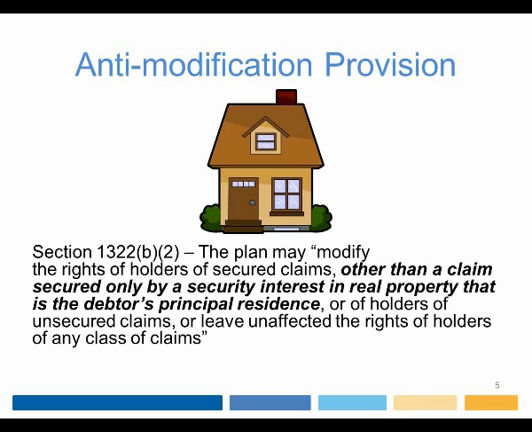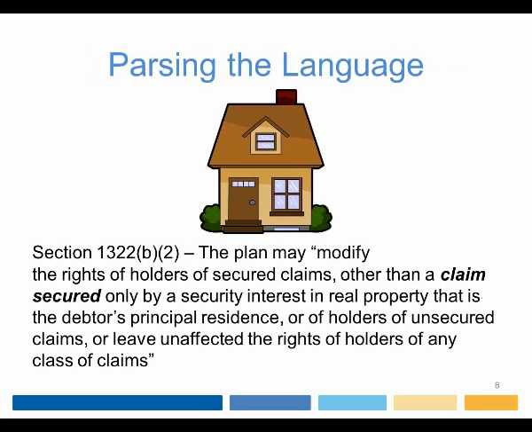I'm going to go through one of them in more detail, and I know you covered this a little bit in the last presentation, but I'll go over that again. I'm not going to spend as much time with the other exceptions because they are, to some extent, less helpful. But the first one really emphasizes the language in that anti-modification clause that says claim secured.